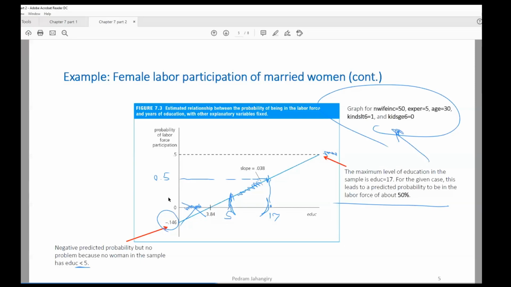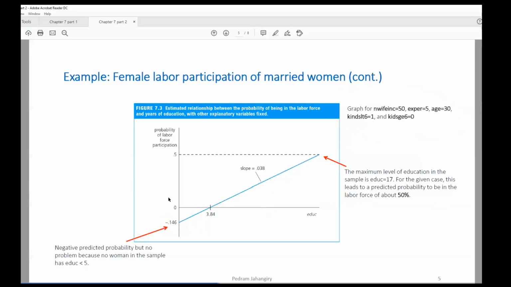If I use other given data, the numbers are going to change, right? Okay, so we are not worried about the caveat of LPM here that it can produce a negative number or a probability greater than 1. Logistic regression is going to solve this problem, but that's the topic for chapter 17. Here we're going to stick to this model, but we need to be careful that our predictions are not going to be negative or greater than 1.